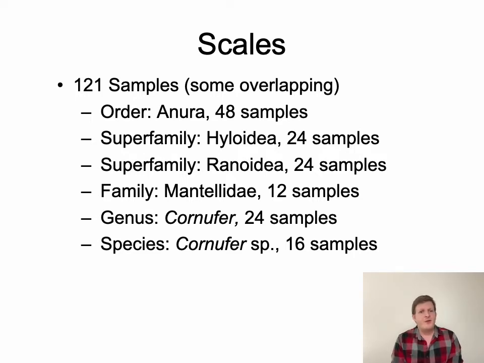Then we included the family scale of Mantellidae, which includes one species for every genus, and the genus scale, for which we used the genus Cornifer. Here, this included samples broadly represented through the genus. And finally, the species scale contains 16 samples from a single species from 4 different populations. So this scale will be useful for assessing variability at the population level.